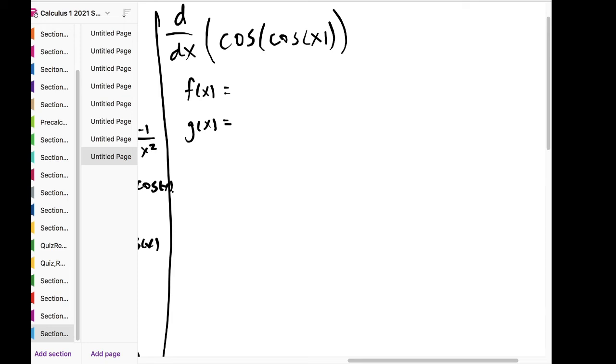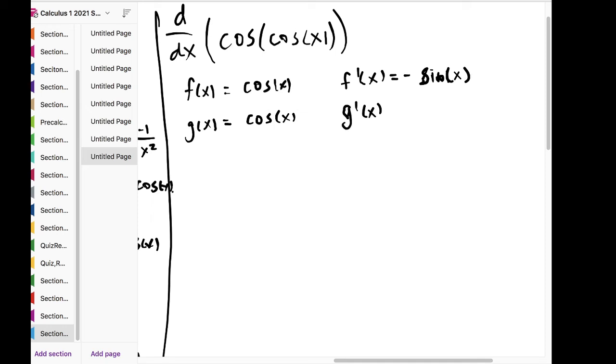Yep, they're both cosine. F prime is negative sine, and g prime is negative sine.